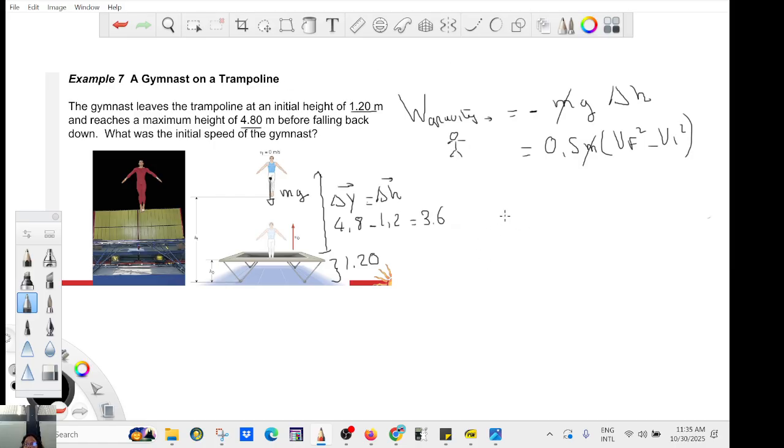Okay, so that means minus 3.6 times 10 equals 0.5 times 0 minus initial speed squared. Okay, so that's good now.